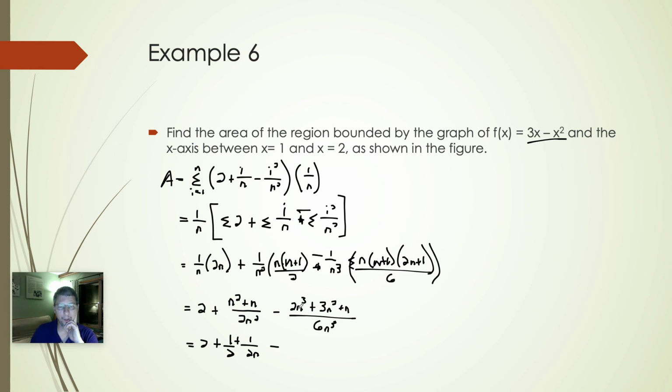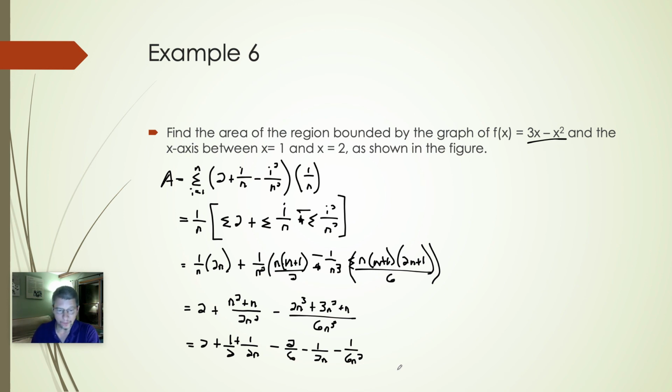And then over here, 2 times n cubed divided by 6 times n cubed is 2/6, minus 3n squared over 3n cubed, which is 1 over 2n, and then n over 6n cubed is going to be 1 over 6n squared. So those are all of the terms.